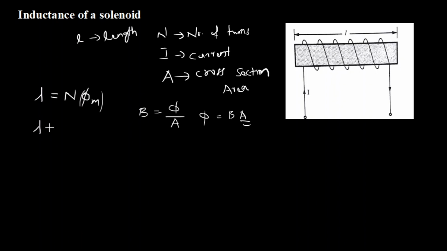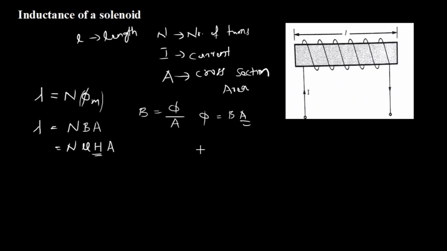So lambda can be written as N into B into A. You know that B can be written as mu into H, where H is the magnetic field intensity. Substituting that, I get N mu H A.